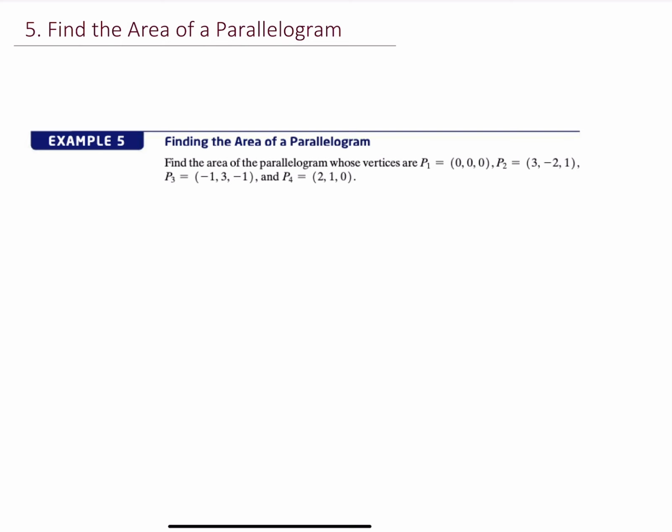All right, our last example has us find the area of a parallelogram produced by a series of vertex points. So we said previously, and I'll copy it down here, that the magnitude of u cross v, the magnitude of that resulting vector, is the area of the parallelogram with vector u and vector v as adjacent sides.